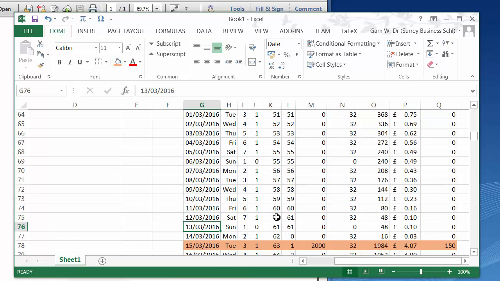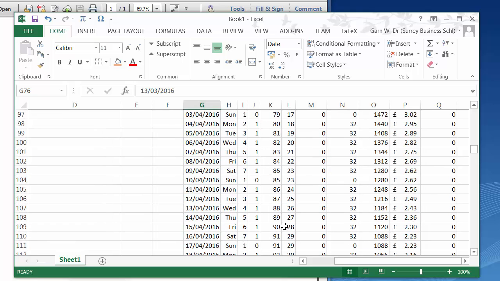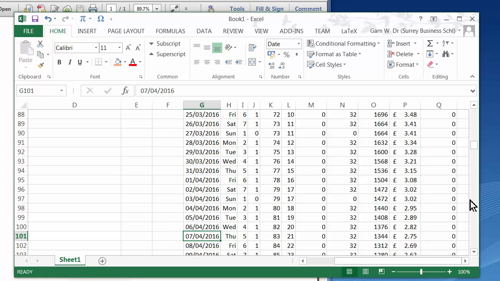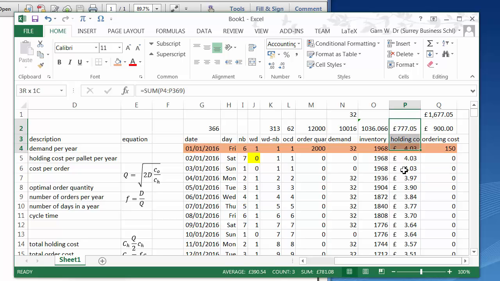So we are getting hold of our correct ordering dates. We could obviously have approximated them by going immediately on the weekdays rather than on the cycle days. And we have an idea of how much we have spent on holding costs and ordering costs at exactly what time. So we can just aggregate those costs.